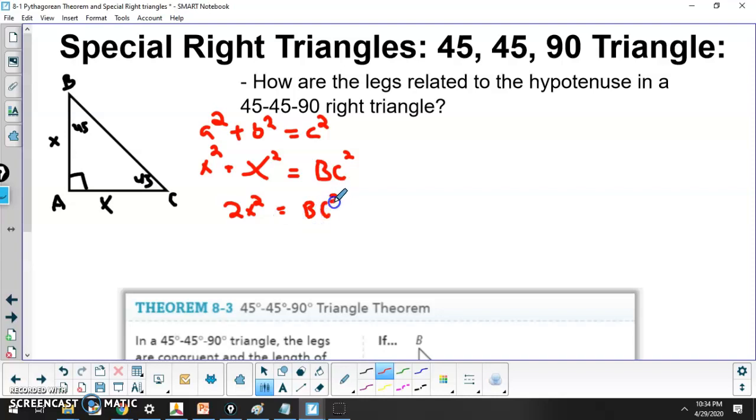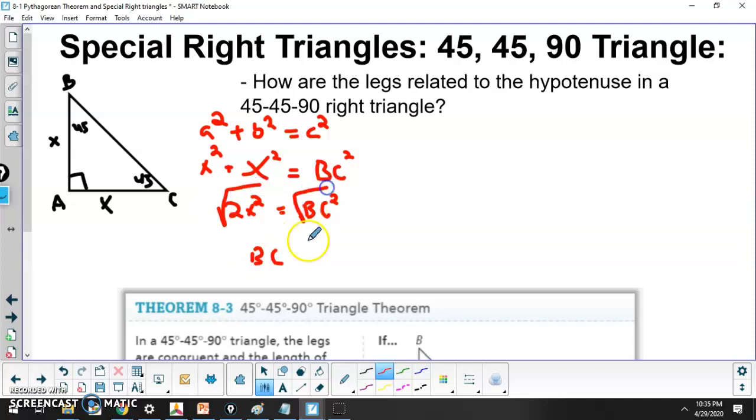So if we want to represent the hypotenuse in relationship to the legs, the two smaller sides, we take the square root of both sides.